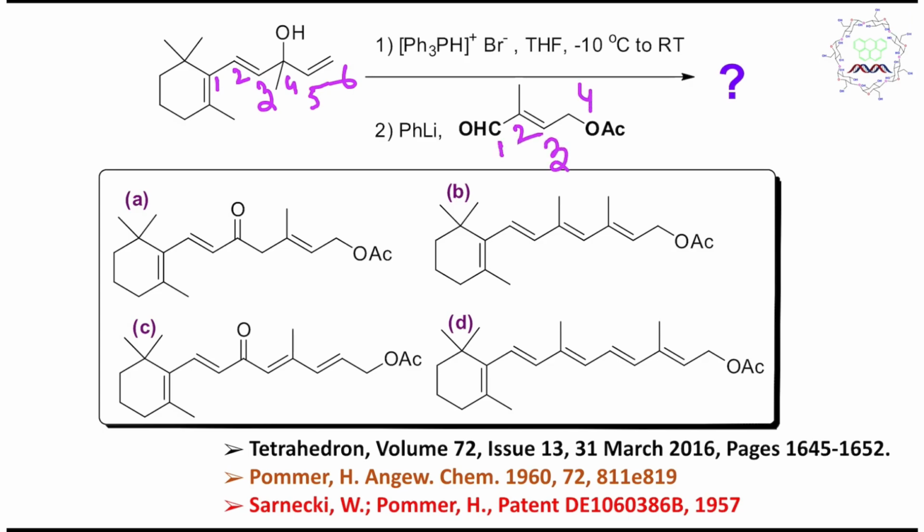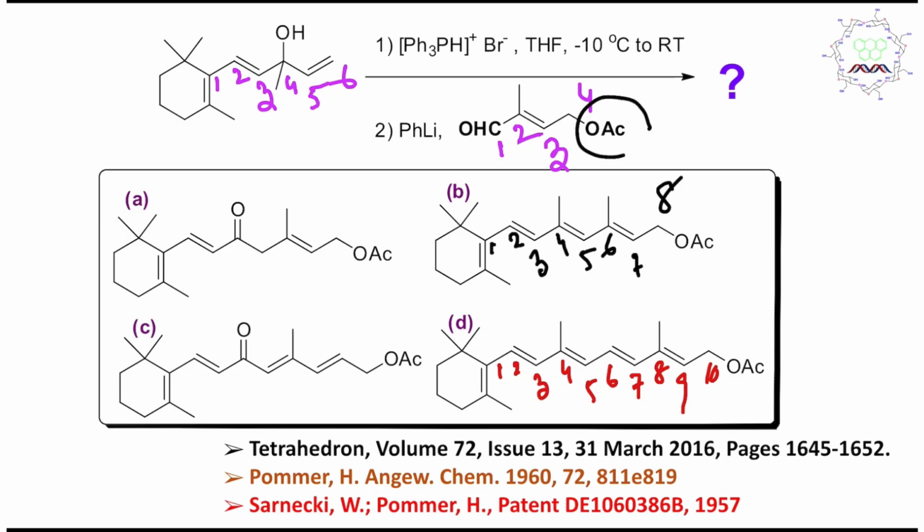So here actually from 6 and 4, 10. So 10, how many, let's look at here. So 1 2 3 4 5 6 7 8, not 1 2 3 4 5 6 7, 8 9 10. So this is one. The last part should be acetate because we have taken acetate here.